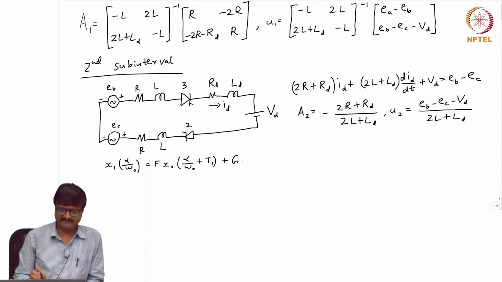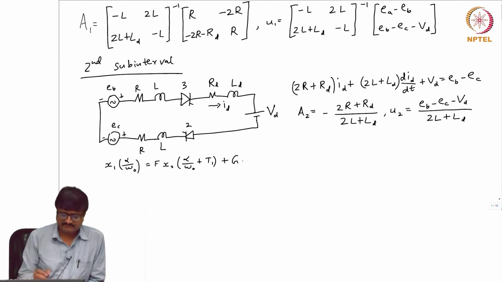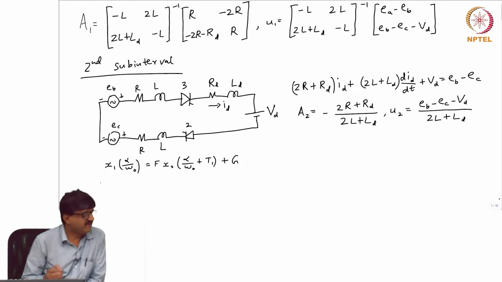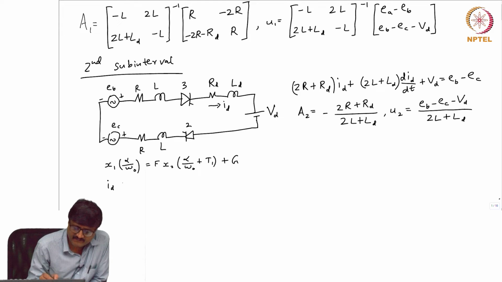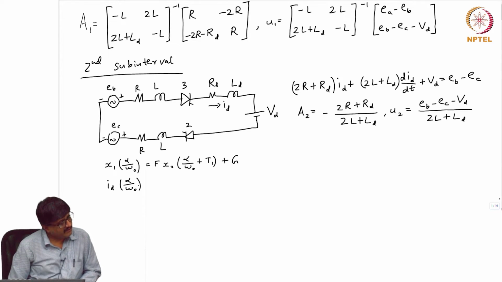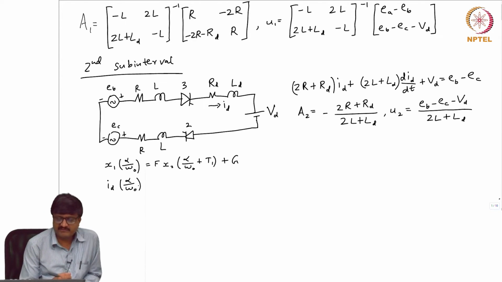So, this is the general equation. If I take x1, the first element of x1 is ID. So, what is ID at alpha by omega O? Can I write it in terms of x2?